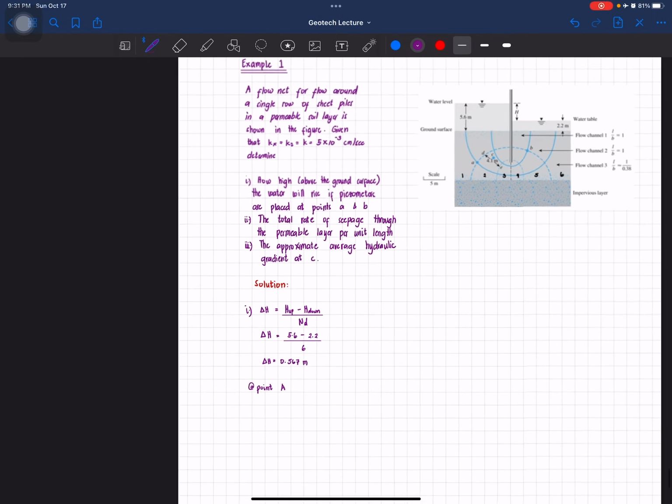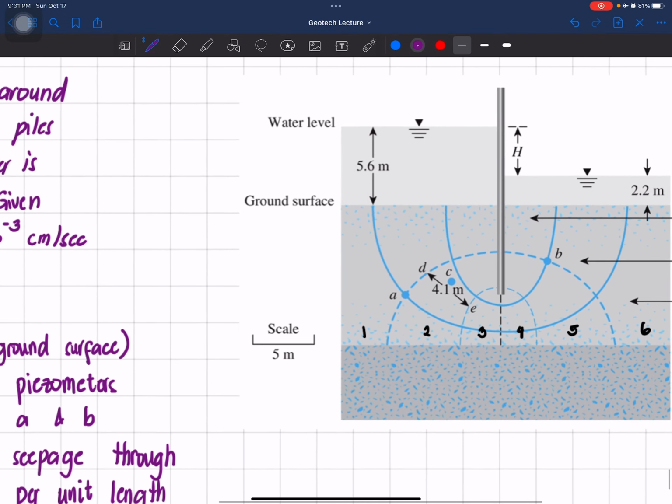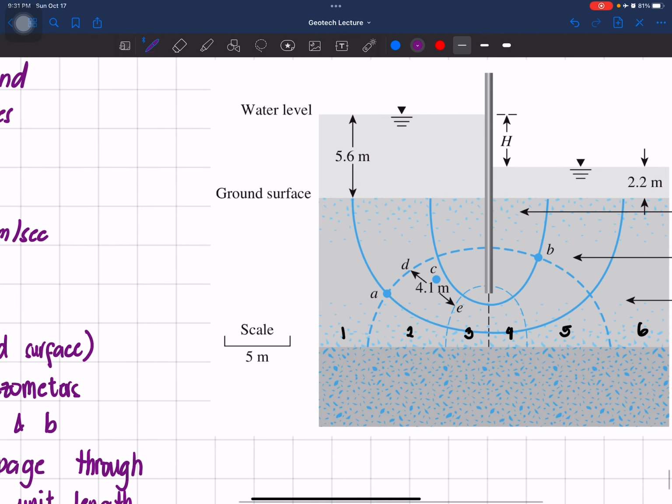How many equipotential areas will our water pass through? As you can see in here, this is the first equipotential area. So it passes through only one equipotential area on the way to A, because this is your first area.